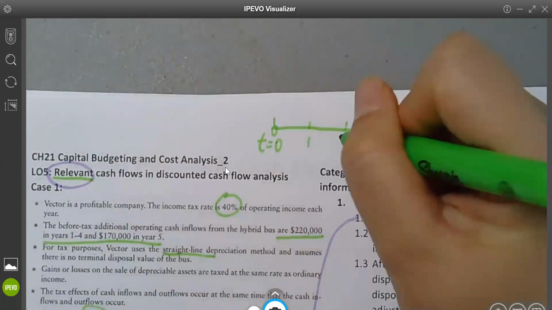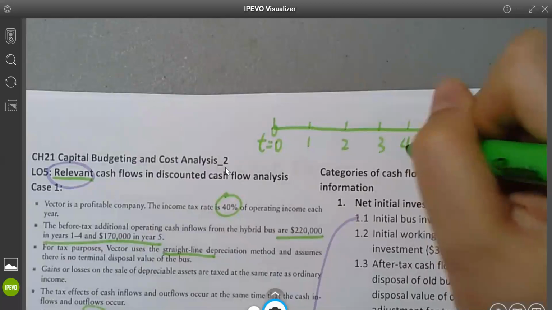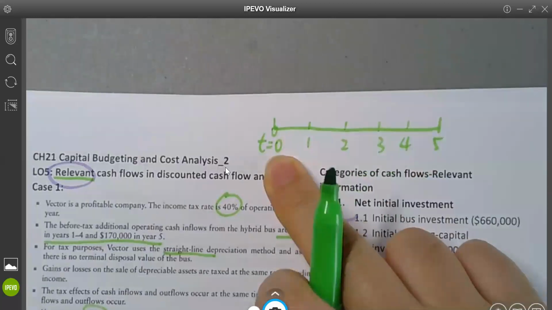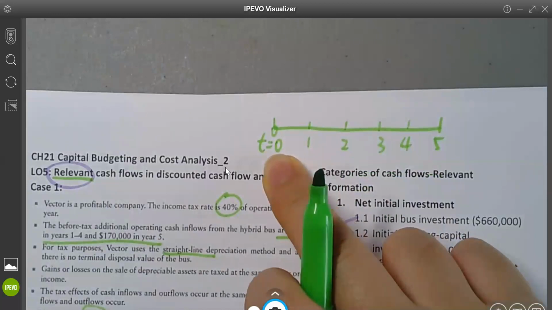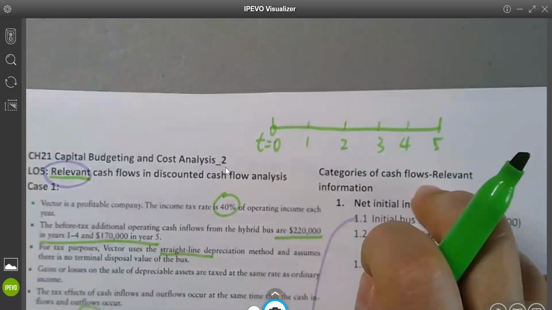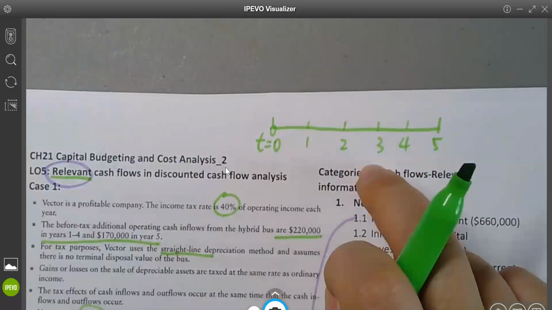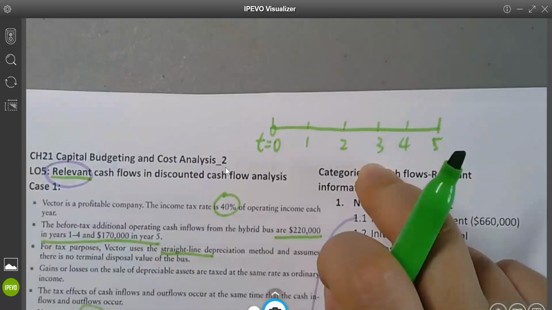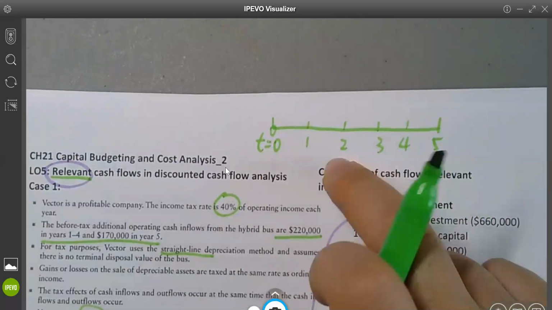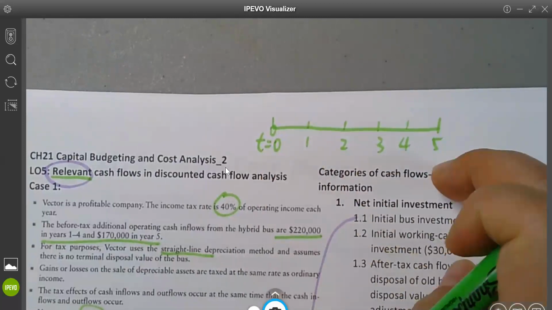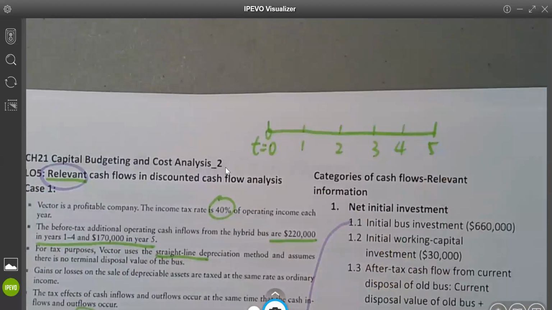When you use it, years 3, 4, 5, right? So when you bought it, you debit equipment, credit cash. And then when you use it, you debit depreciation expense, you credit accumulated depreciation, and then when you get rid of it, you take it off your books, right?